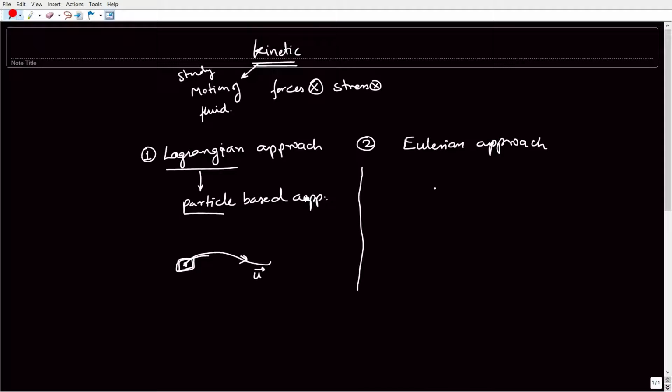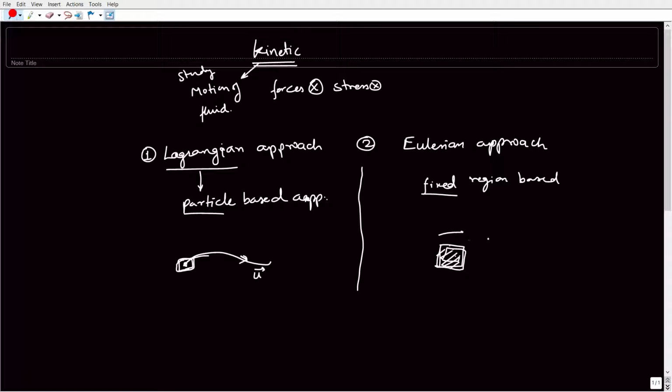And the Eulerian approach is fixed region based. In the Eulerian approach, we will fix a region inside the fluid, and we will study the fluid which is inside that region only, not outside.